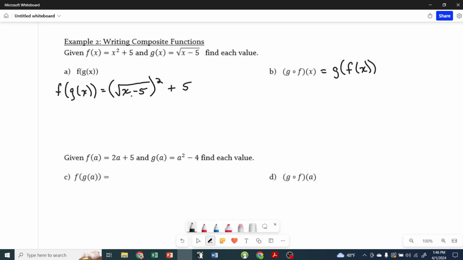Whenever I square a square root, whatever is under the radical sign is what we get. So we end up with x minus 5, and then we're going to add 5. So f of g of x is equal to x minus 5 plus 5, which is just x.